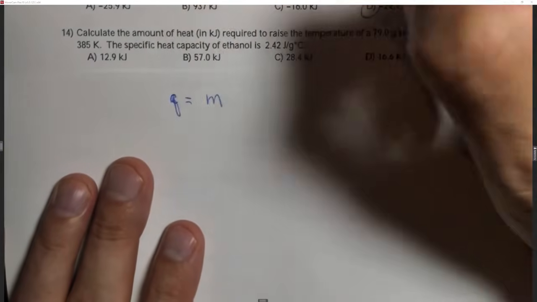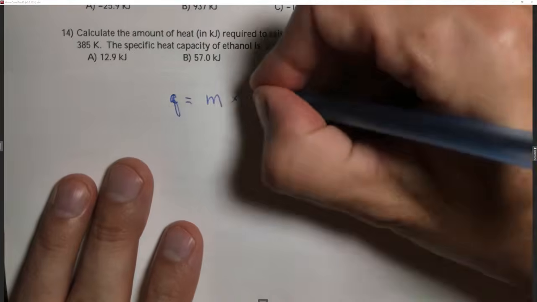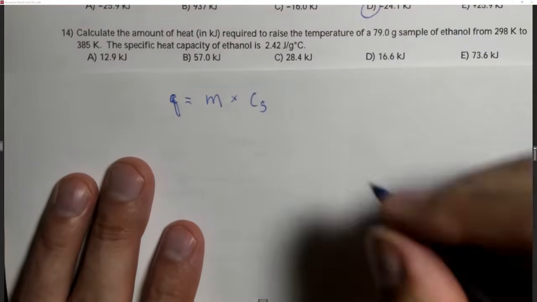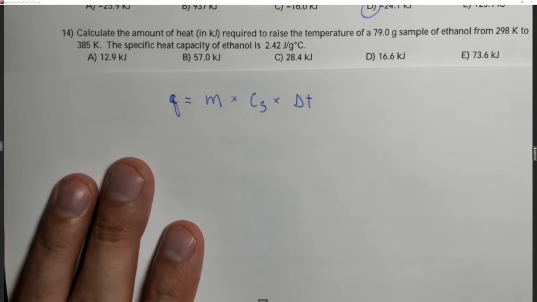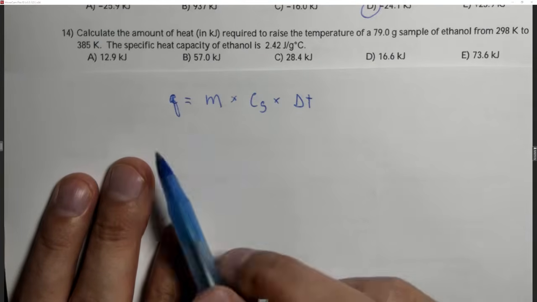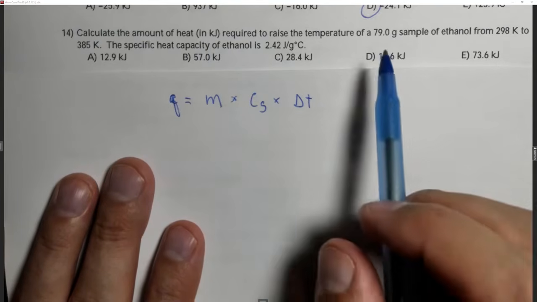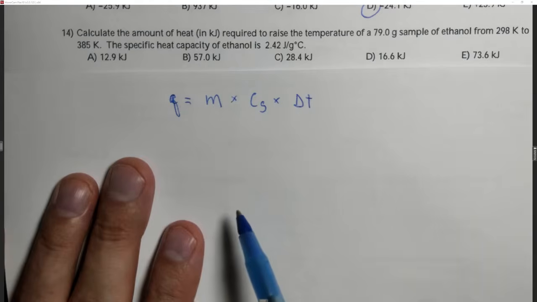So here, Q equals m, the mass in grams, times C sub s, the specific heat capacity, times delta T, the change in temperature. So we have some of these variables, but some of these variables we need to find.